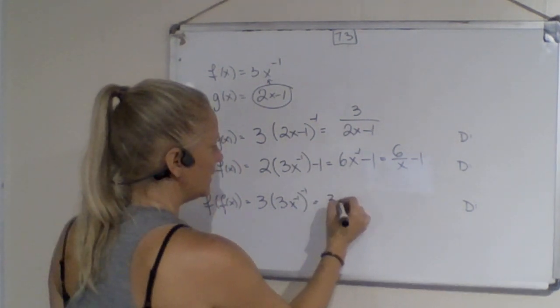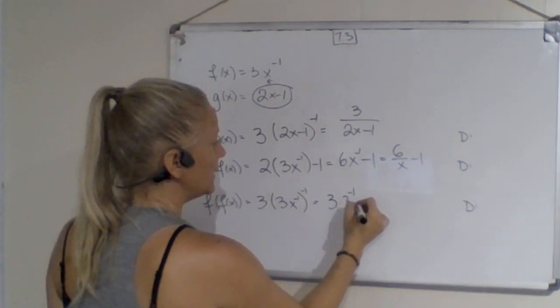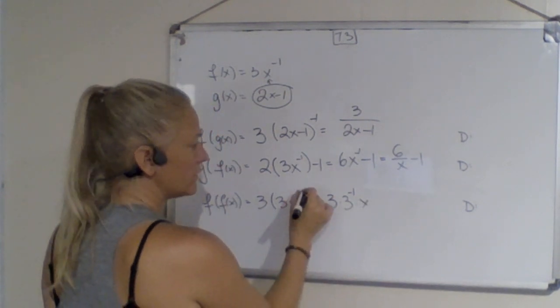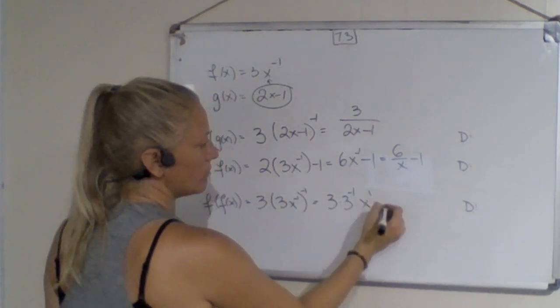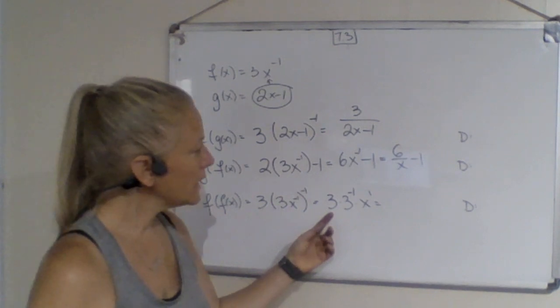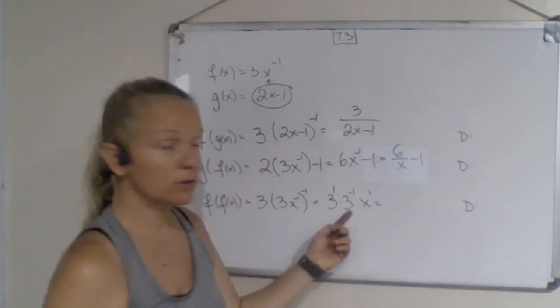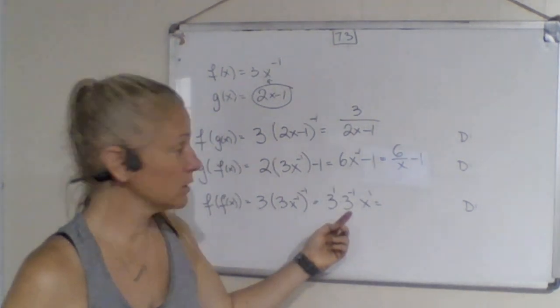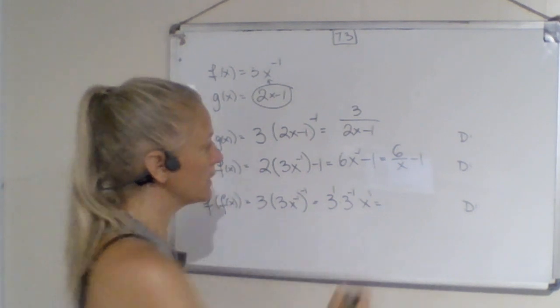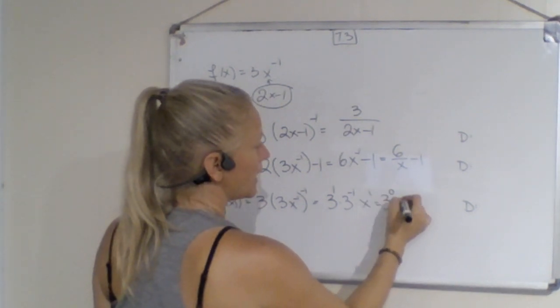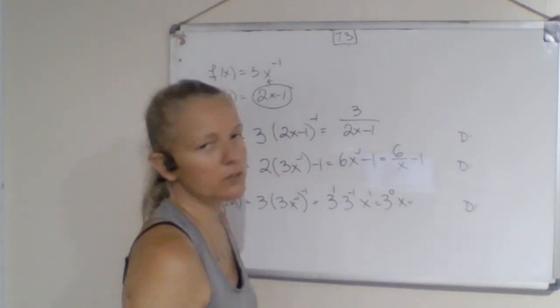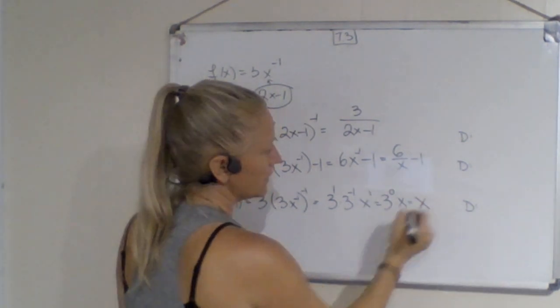We get 3 times 3 to the negative 1 times x, using the property of a positive to a first. 3 to the first times 3 to the negative first. I can apply the rules of multiplication. This becomes 3 to the 0 times x. Any number to the 0 power is 1, so this is simply x.